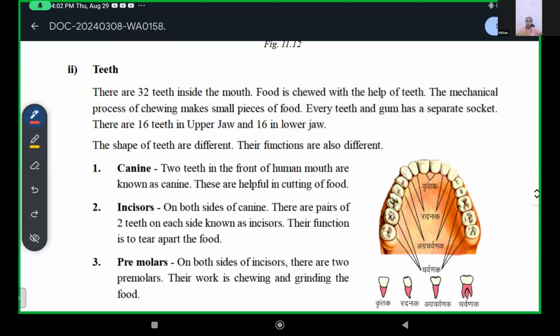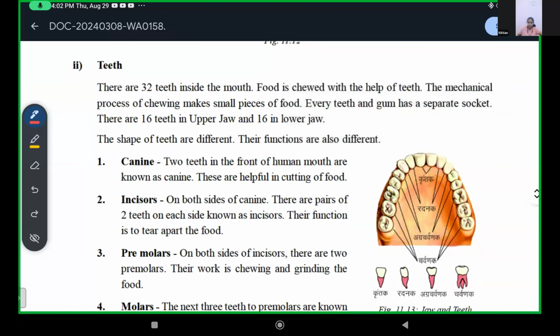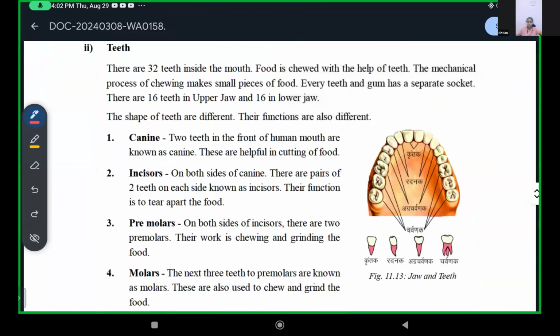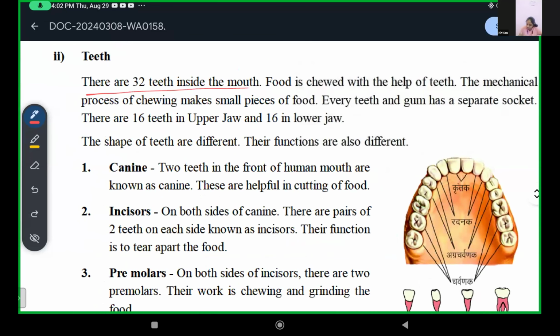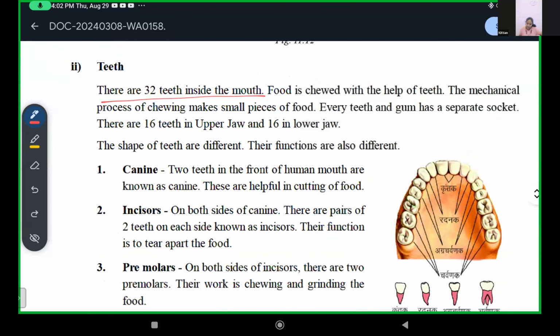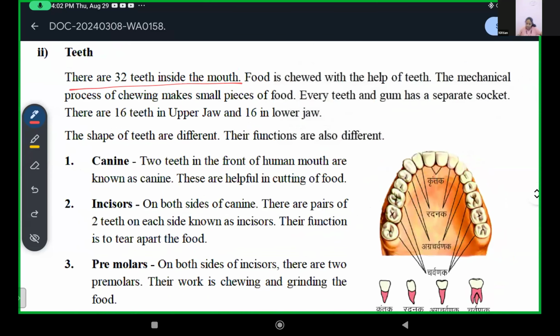Now the teeth also have different types. Different types of teeth we have in our mouths. There are a total of 32 teeth inside the mouth. The mechanical process of chewing makes small pieces of food, so the main thing is to make the food into small pieces.